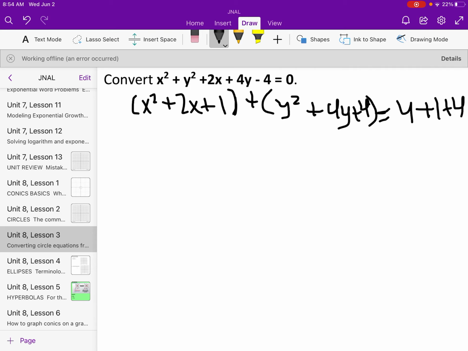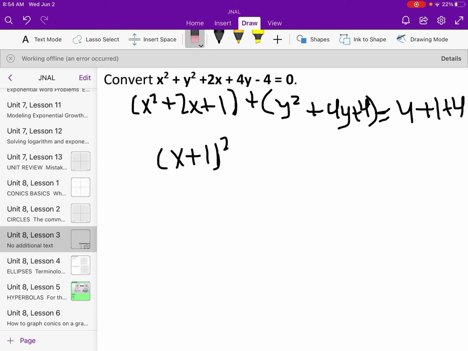Then we need to make this into our factor that we can do. And we can see that that would make it right here, x plus 1 squared. Again, how we did that is just what two things multiply to equal 1 and add to equal 2.